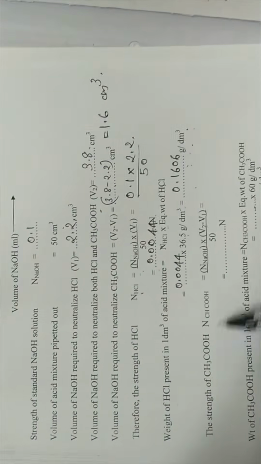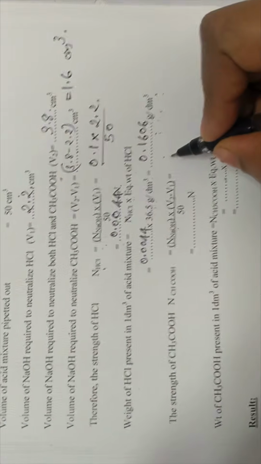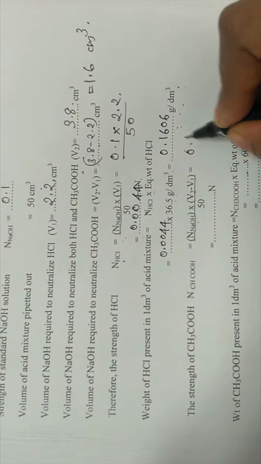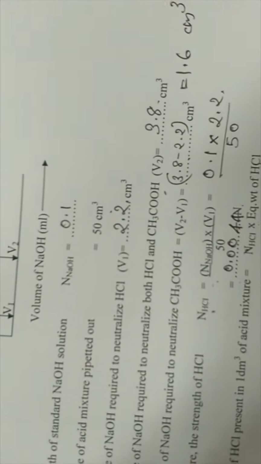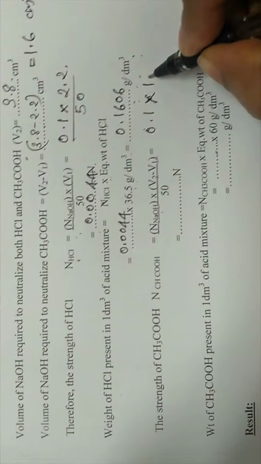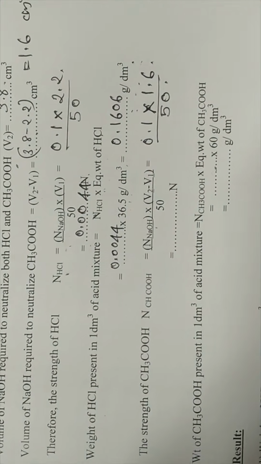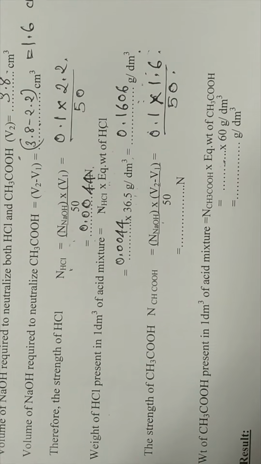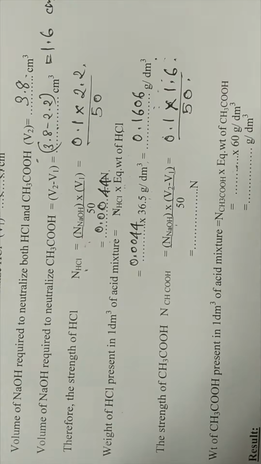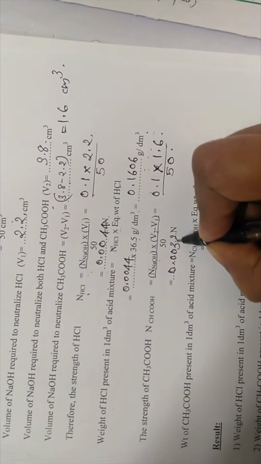Next we have to calculate the strength of acetic acid. So the normality of NaOH is 0.1 multiplied by V2 minus V1, that is 1.6, divided by 50. It is coming as 0.0032 normal.